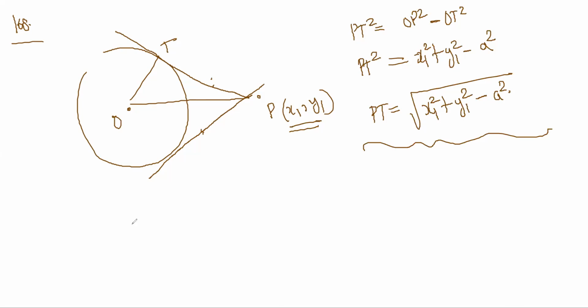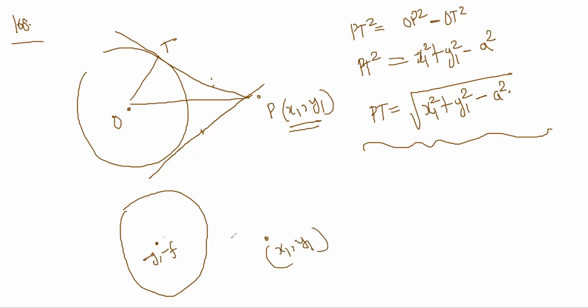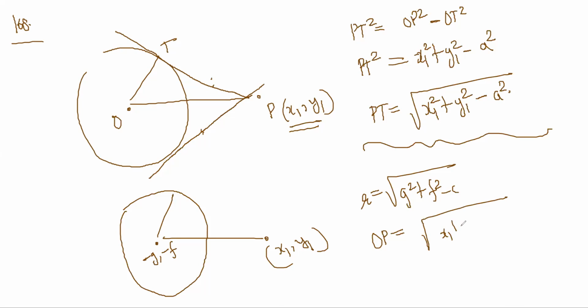And obviously for the bigger circle, you do the same process, but with a more complicated set of points. It's the same thing exactly, but the values are different. Radius is root over g square plus f square minus c. And OP, O to P distance would be root over x1 plus g whole square plus y1 plus f whole square, right?